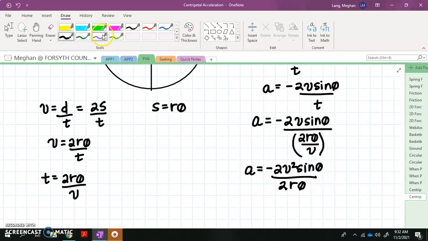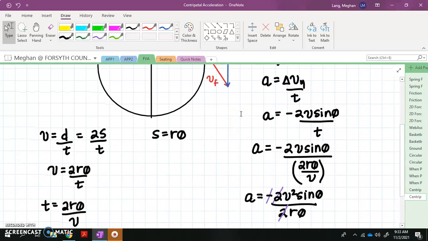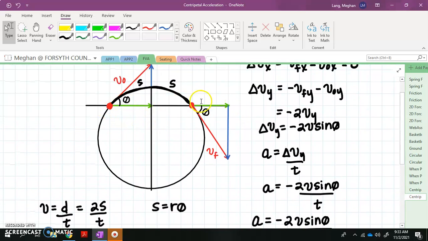Now I can cancel out some things. So I'm going to get rid of these 2's. And I'm also going to get rid of this negative because that negative is a directionality bit that only applies to my specific from here to there. But I'm trying to come up with an equation that could work from here to there, or there to there, or there to there, or there to there.